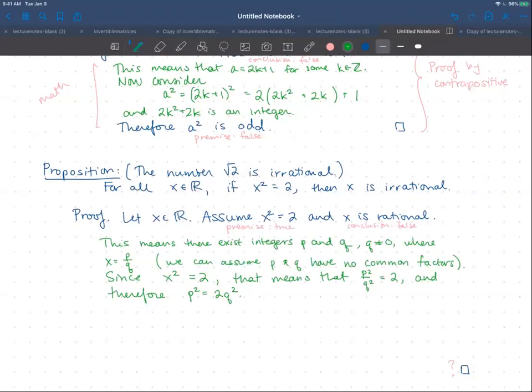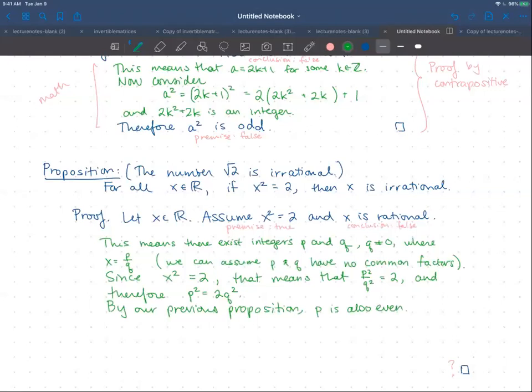All right, now we have that p squared is an even number, and our previous proposition, see how sneaky I was? I proved something that was going to be useful. By our previous proposition, p is also even. I guess I could make that clearer.